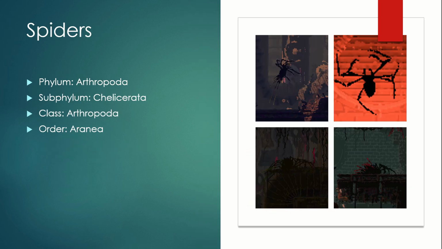Alright, next up are spiders. Spiders, phylum Arthropoda, subphylum Chelicerata, class Arachnida, order Araneae. Just like real-world spiders, you can see there from the model of the tiny coelescipede, which is the one on the upper right-hand side.